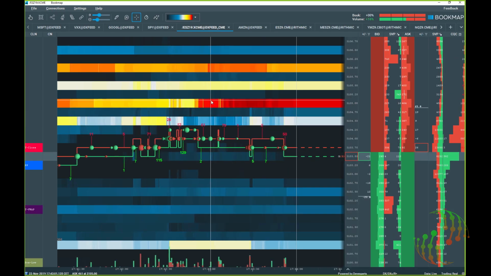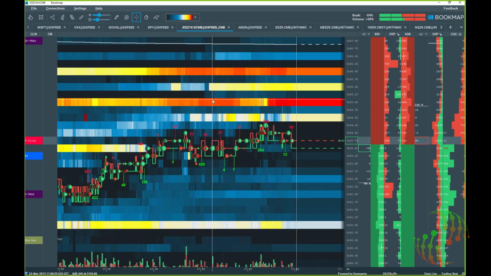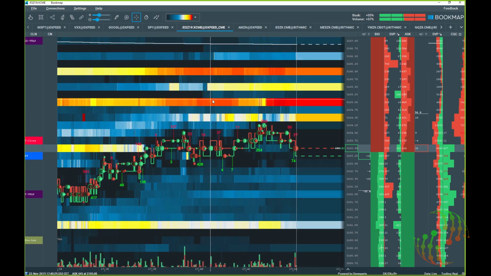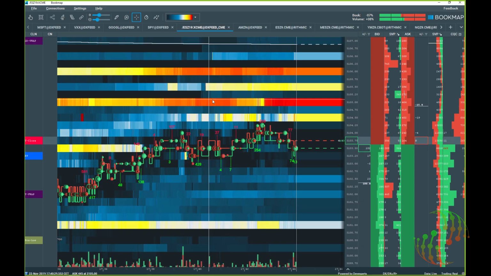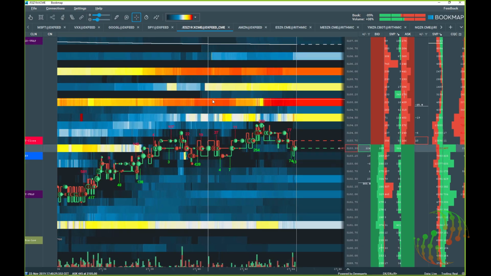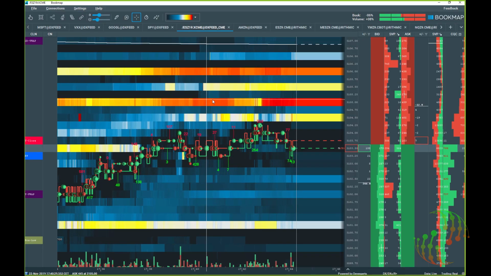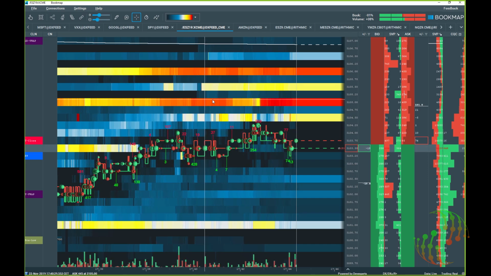It would be a great indicator, but anyway, I'm trying to show you the practical application of Bookmap trading, of limit order book trading, and to put all these pieces together to get a whole picture, a holistic view of the market.